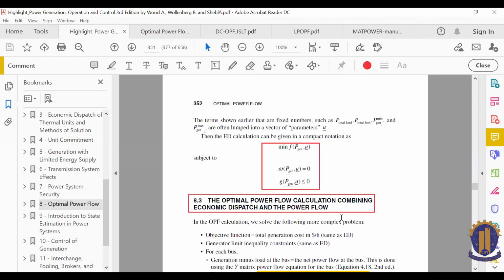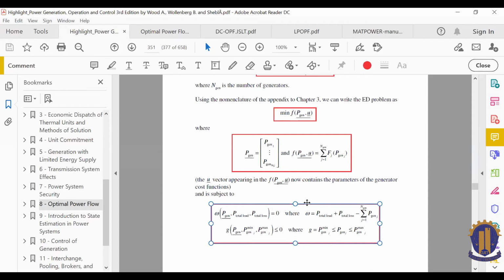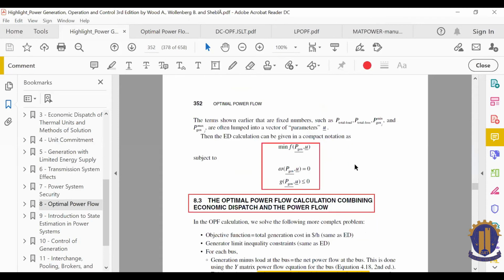So in this way, if we solve this problem, we can find the generation amount from each generator. We can calculate it and maintain it so that the cost is minimum. What is the procedure of solving? We already know from the last semester's course, the Lagrangian method.